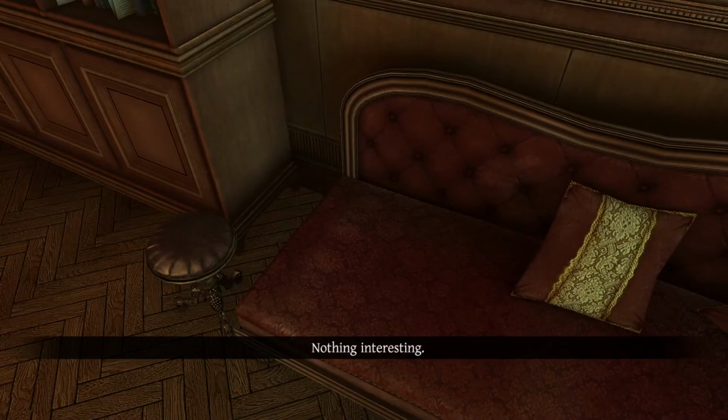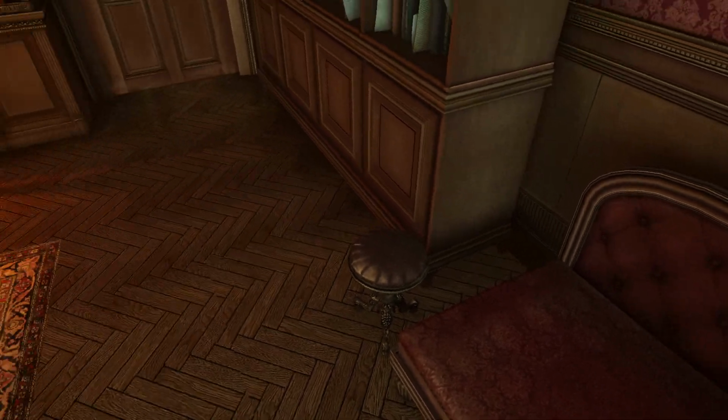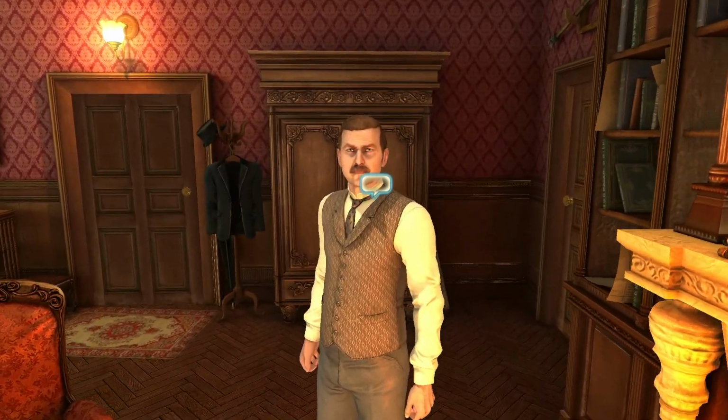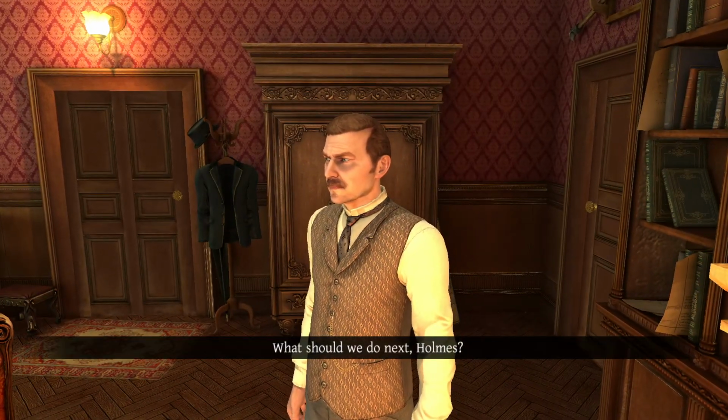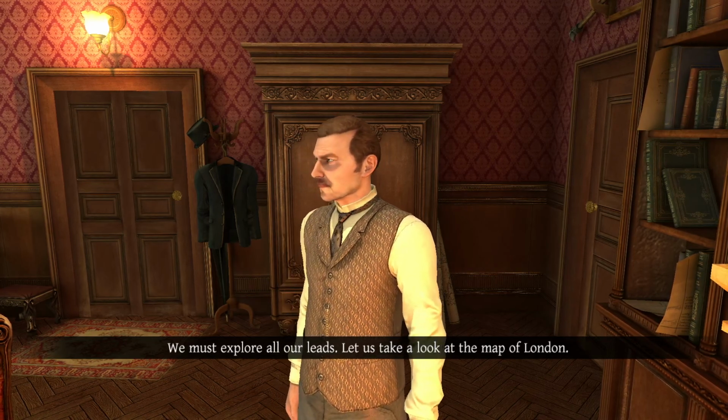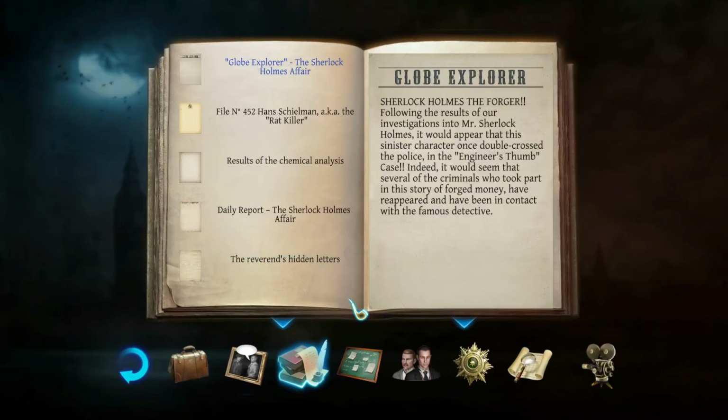Nothing interesting. Well, yeah, no. So maybe I need to talk to Watson and see where we are going next. What should we do next, Holmes? We must explore all our leads. Let us take a look at the map of London. Okay, map of London it is.